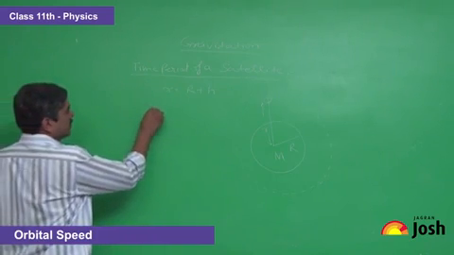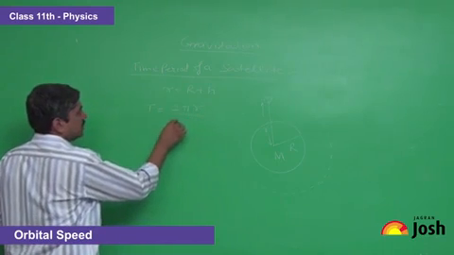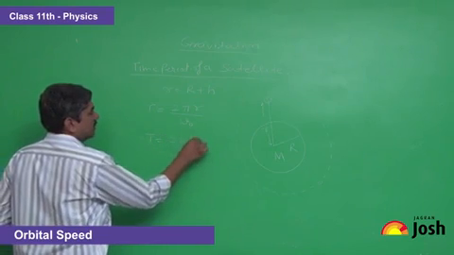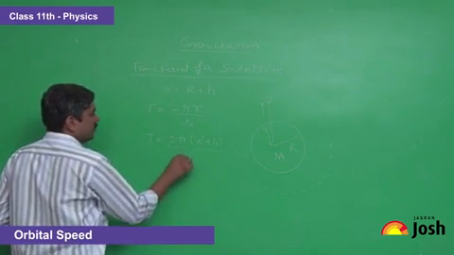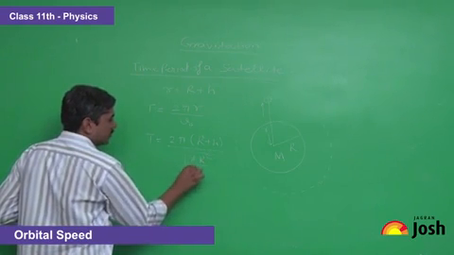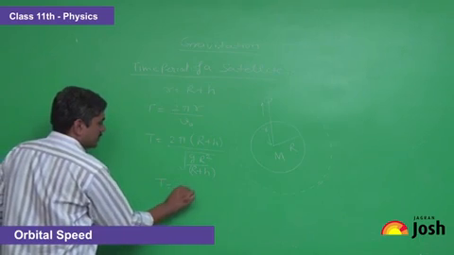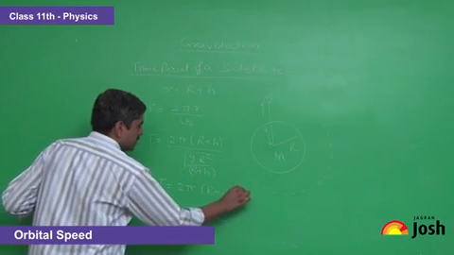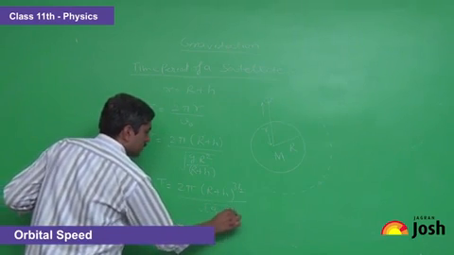To calculate the time period, we use the formula: total distance covered, that is 2 pi r, divided by its speed Vo, equals 2 pi. In place of r, we write capital R plus h. In place of Vo, we write under root g R square upon R plus h. On solving it, we get the expression 2 pi (R plus h) raised to the power 3 by 2 upon under root g R square.